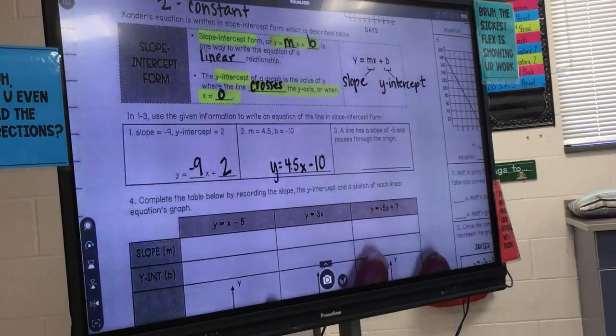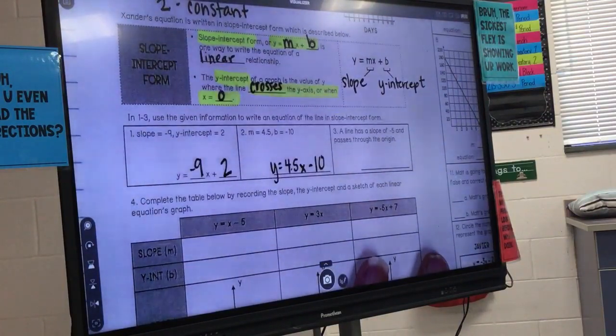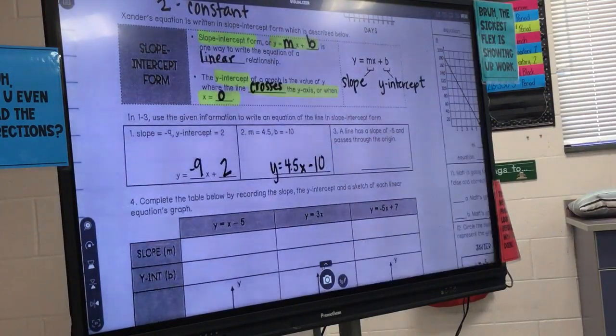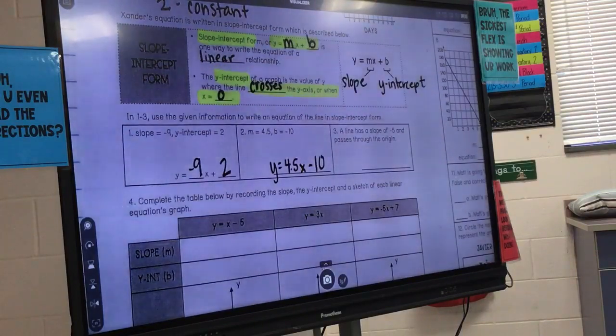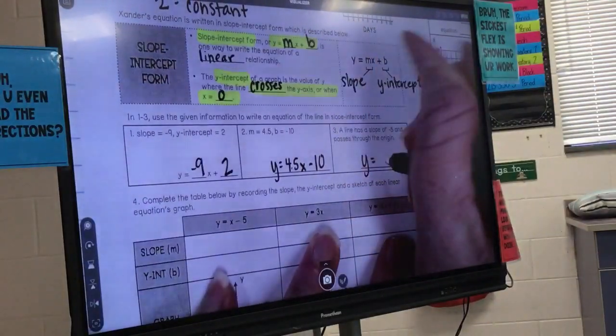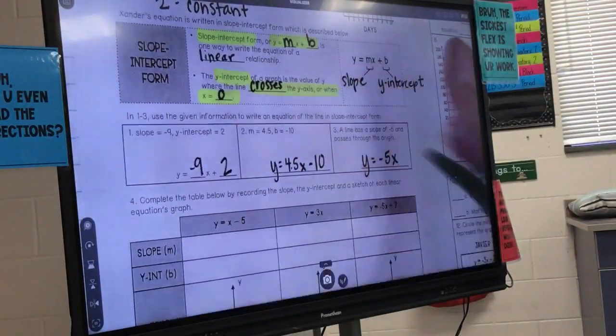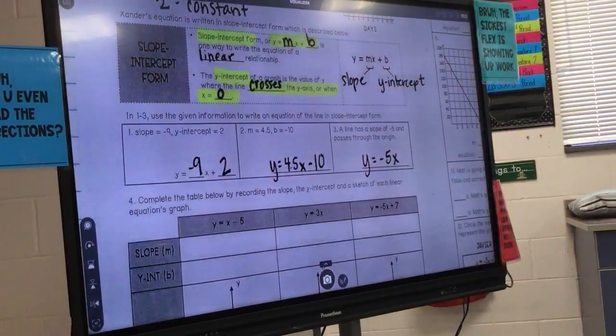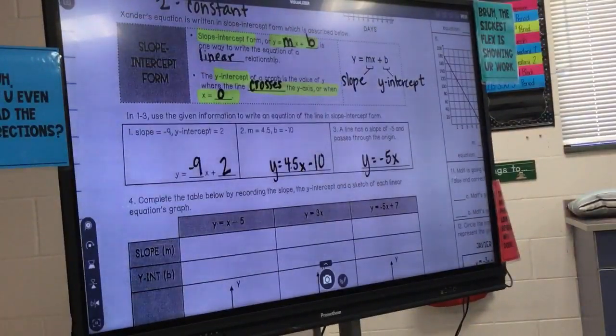All right, number 3, it says a line has a slope of -5 and passes through the origin. So if it passes through the origin, does it have a y-intercept? No. Technically, the y-intercept is 0, so you don't have to put that in. So it just becomes y equals -5x. Okay? Questions about those 3?